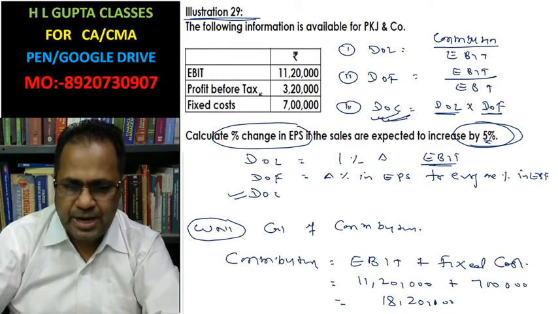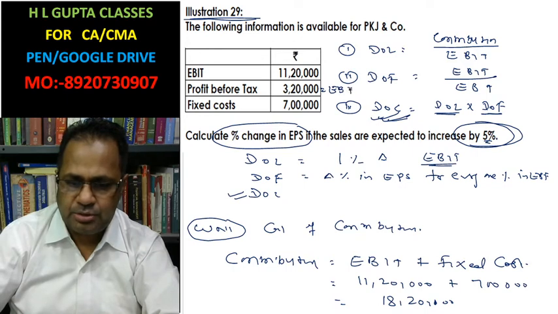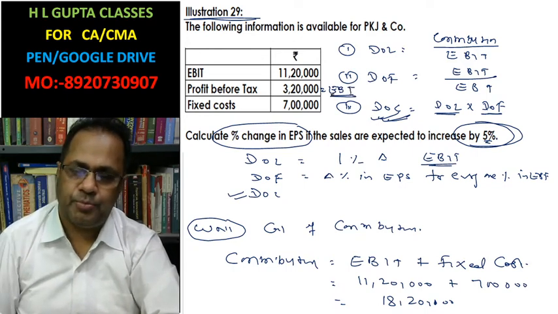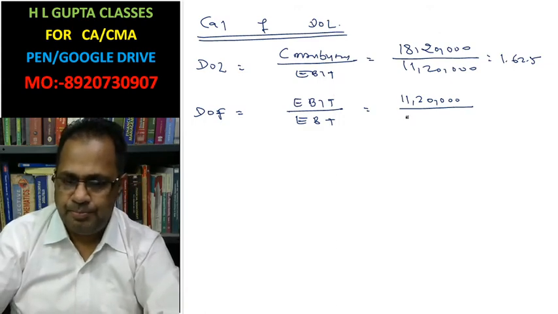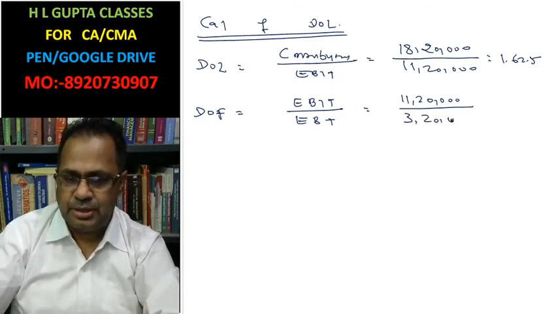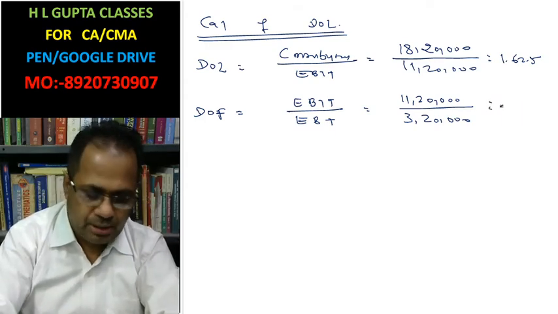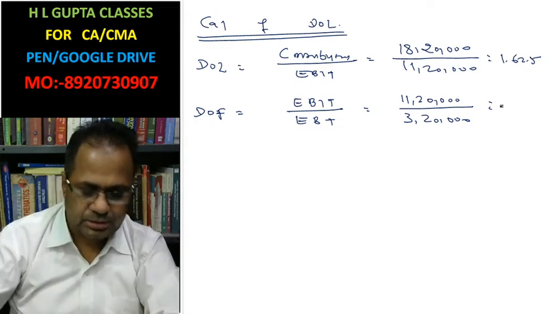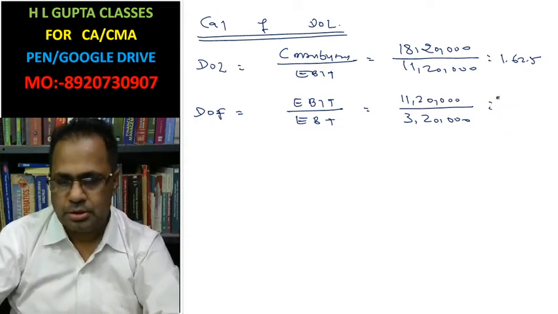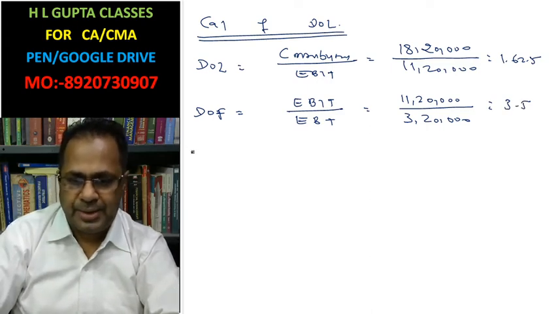Profit before tax, earning before tax, is 3 lakh 20,000. So 1120 divided by 320 is 3.5.